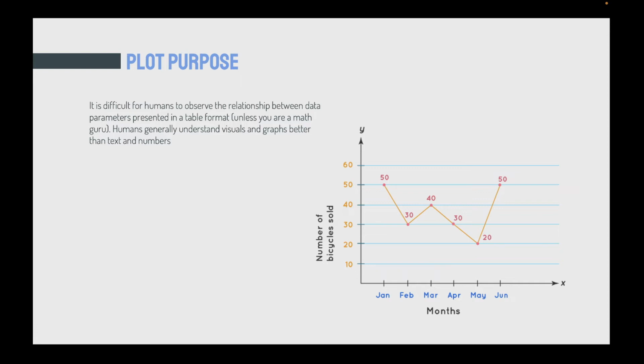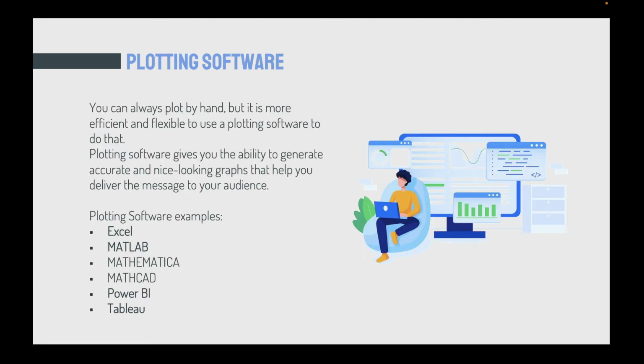Okay, in January we had 50, then they got less, they got higher, less, and finally they matched the first sales amount that they did at first. So you are visual, you easily see stuff visually, and as you're communicating with other engineers or other scientists, you are able to let them visualize what's going on.